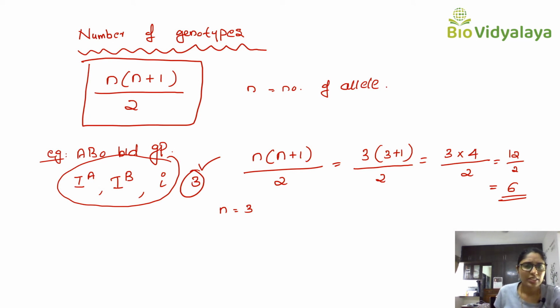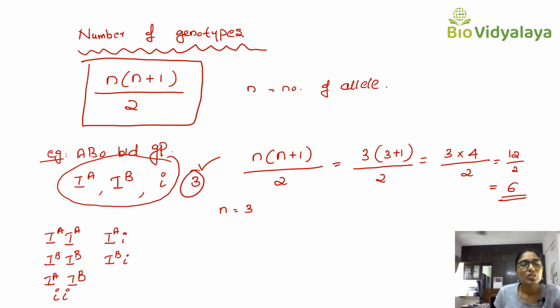So let's see whether it is correct or not. Which are the genotypes? For A blood group, IA IA and IA i. For B blood group, IB IB and IB i. Okay. For AB, sorry, IA IB for AB. And for O, small i small i.